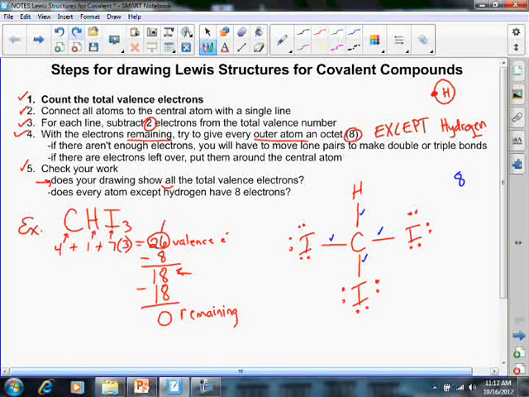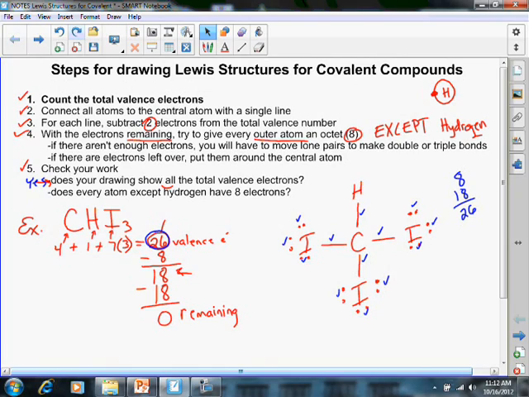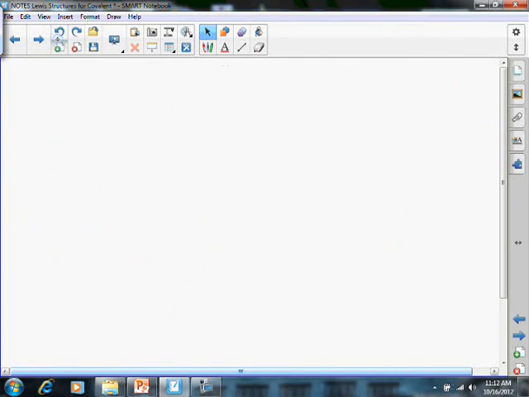And then let's count these lone electrons. We got 2, 4, 6, 8, 10, 12, 14, 16, 18. So I got 18 plus 8, that gives me 26, which matches my total valence electrons. So I can say yes to that first one. I did use all the electrons I was supposed to.